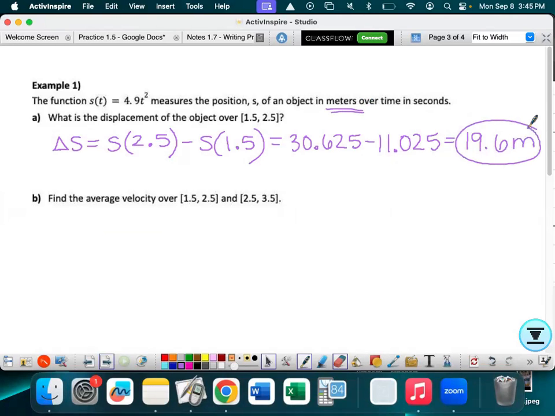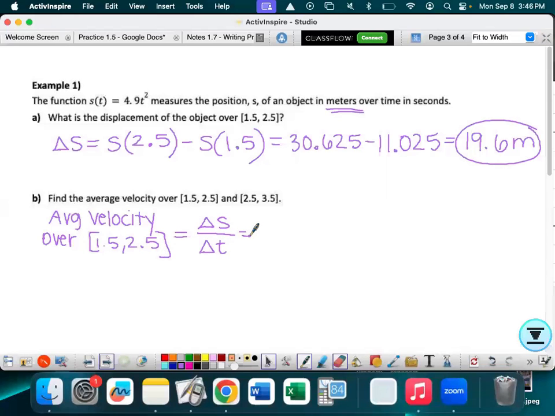Part B says to find the average velocity over those time intervals. So we will do average velocity over 1.5 to 2.5. Remember, that would be the change in position over the change in time.